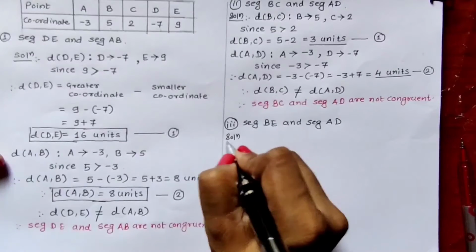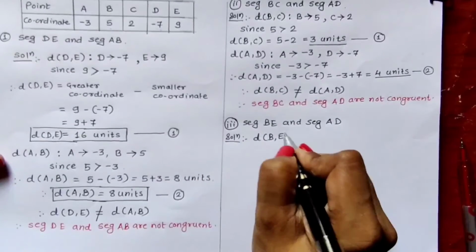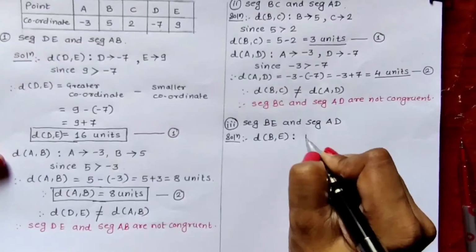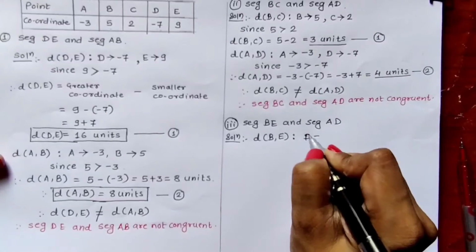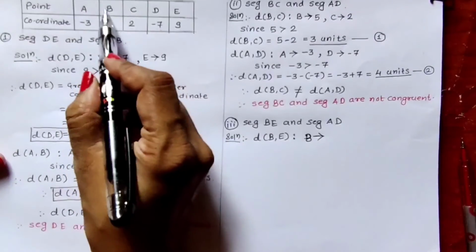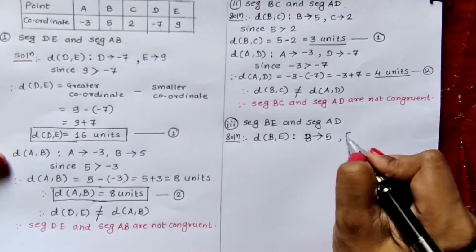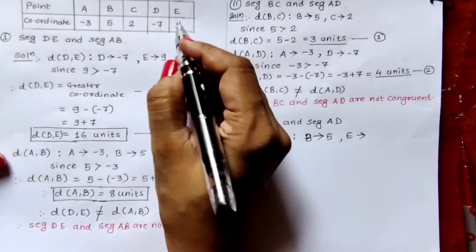Solution. Distance BE. Coordinate of point B, here we have got 5. Coordinate of point E is 9.